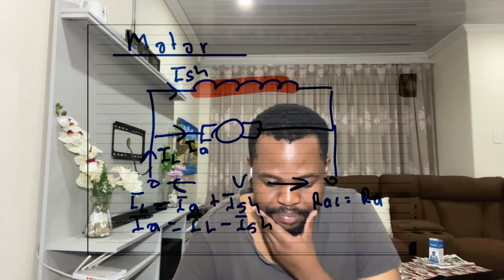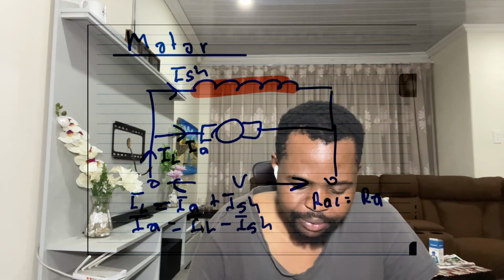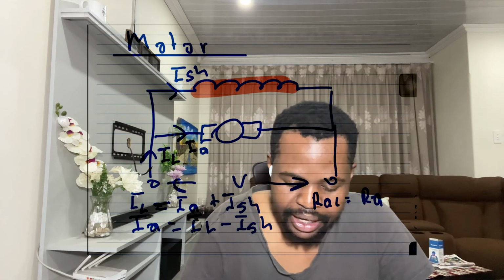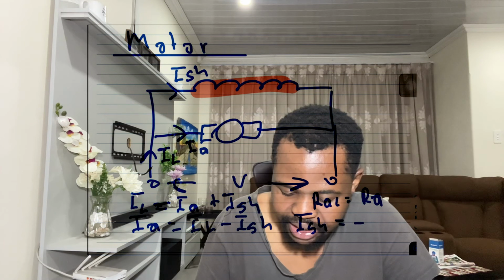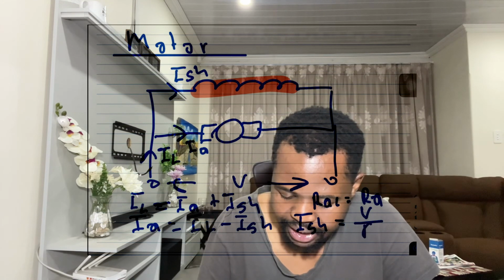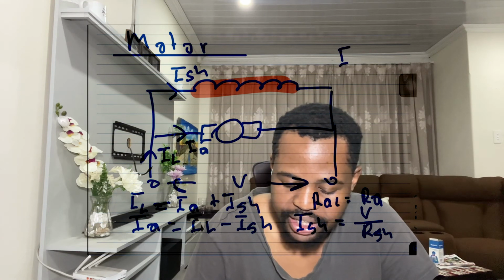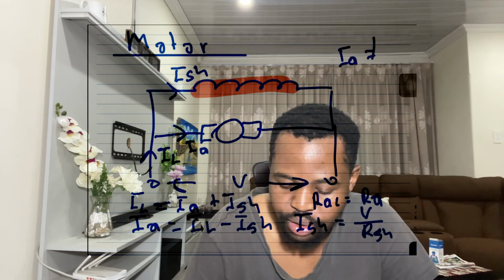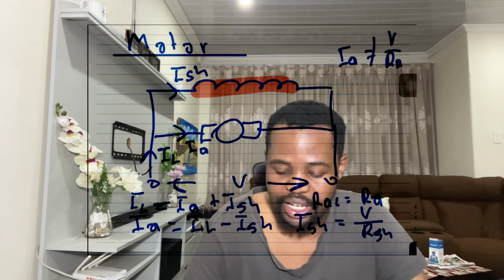And the shunt current can be calculated by V over R shunt. I said don't use the Ohm's law equation V over RA for armature current, because in a motor there is a back EMF.